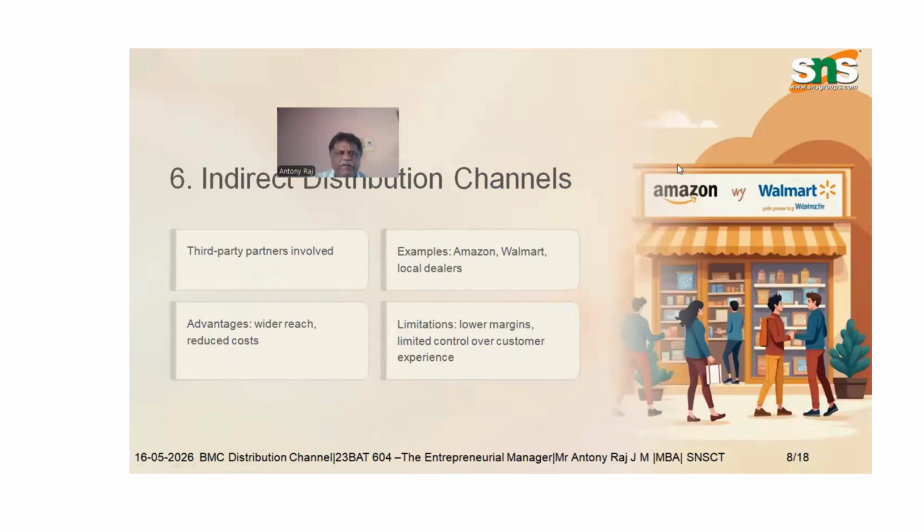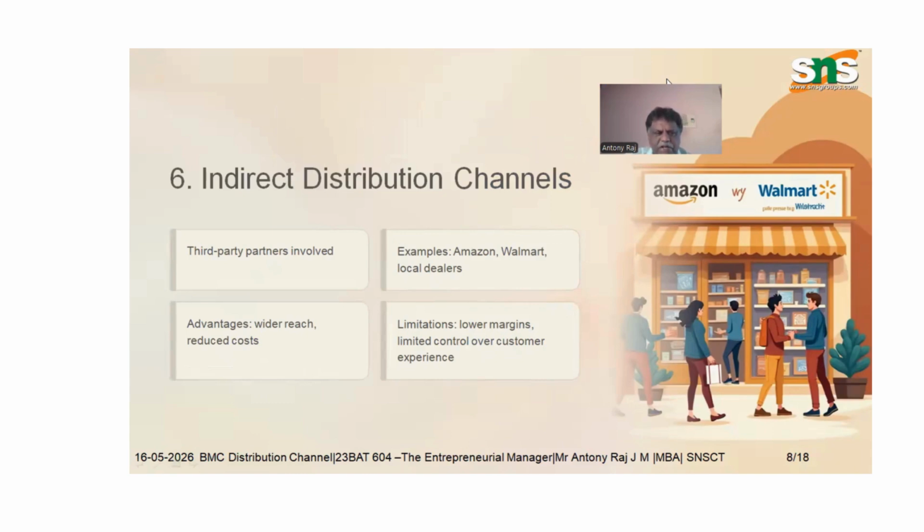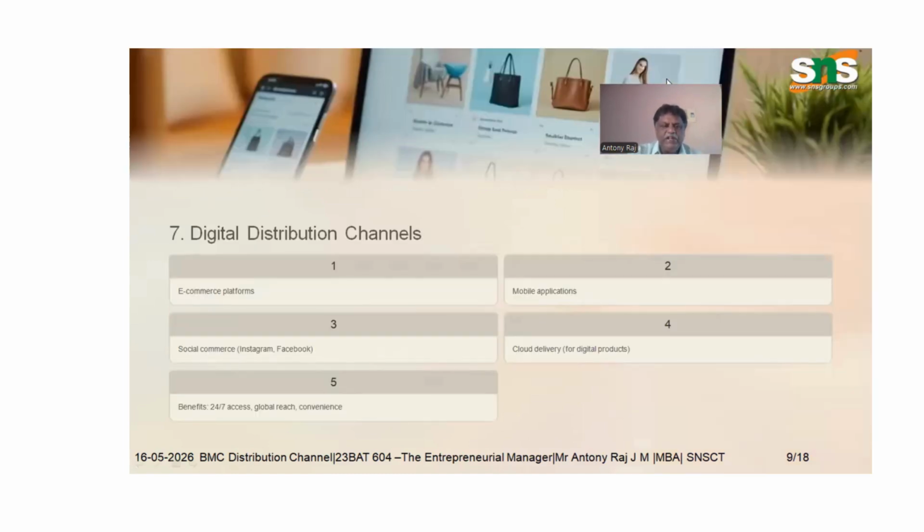In indirect distribution channels, third parties are involved. For example, Amazon and Walmart. What are the advantages? The reach is very wide and the cost is reduced, but customer experience control is limited, and margins are also reduced. For digital distribution channels, we have e-commerce platforms, mobile applications, social commerce such as Instagram and Facebook, and today cloud delivery for digital products.